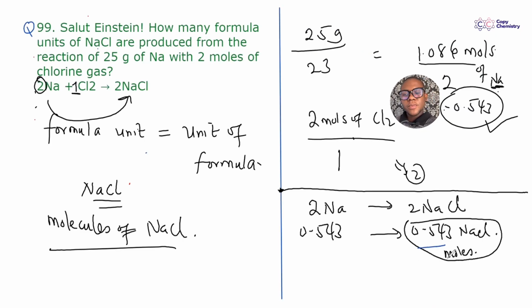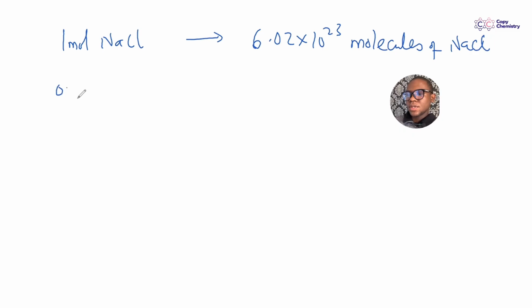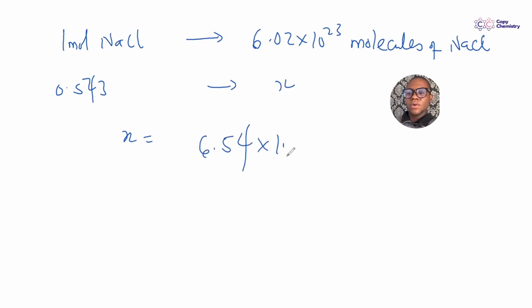So if I'm dealing with 0.543 moles, that would just mean I would have 0.543 multiplied by 6.02 times 10 raised to the power 23. If you do that, you're going to have 6.54 times 10 raised to the power 23 molecules.